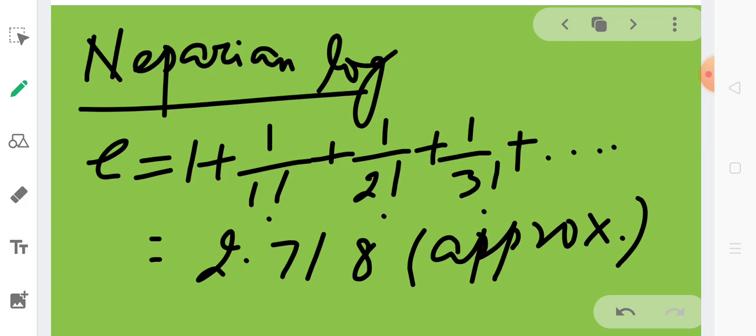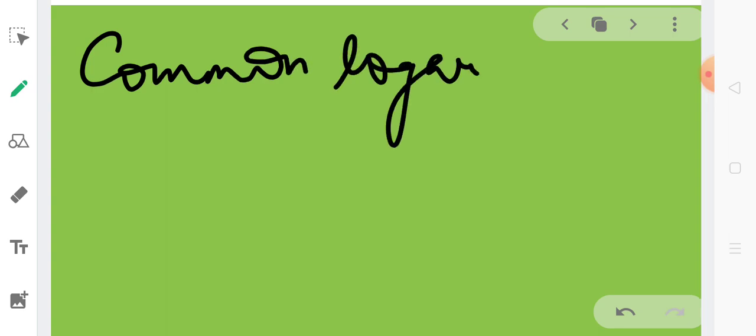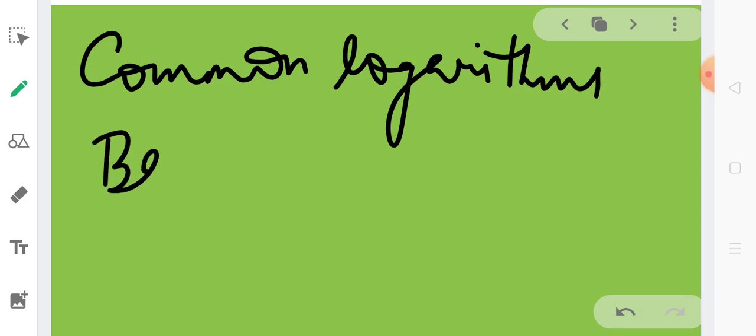So in all theoretical calculations, we make use of natural logarithms. Now coming to the second one, the common logarithms. Here the base is 10. And in all numerical calculations, we use common logarithms.